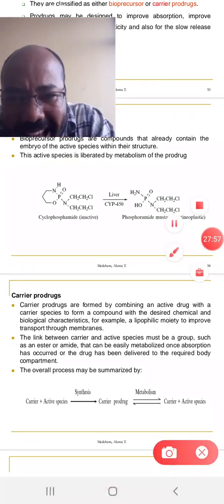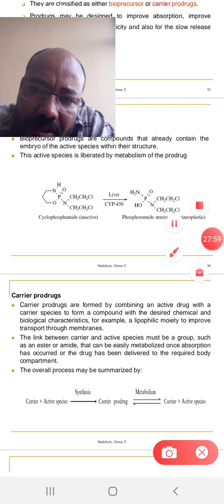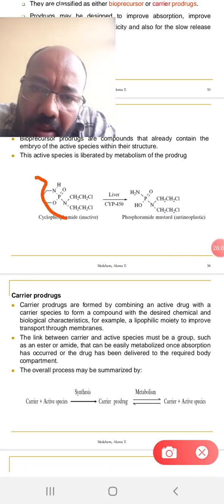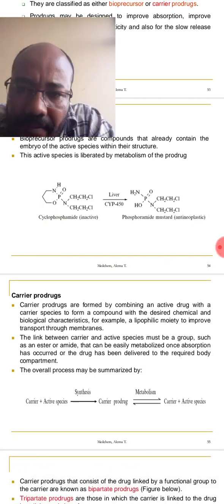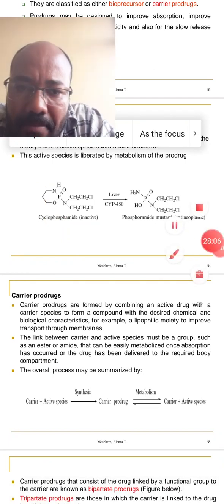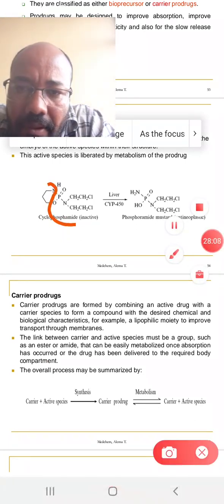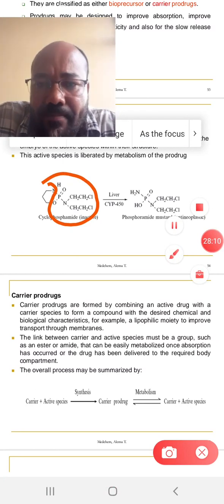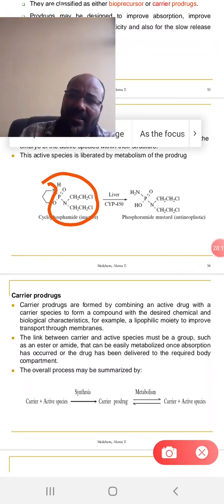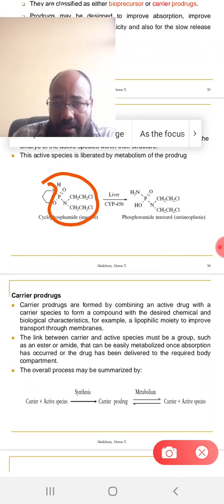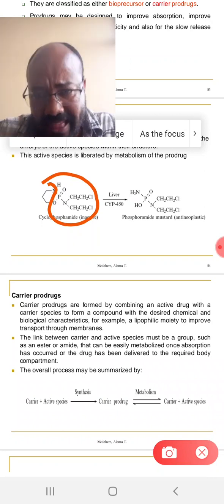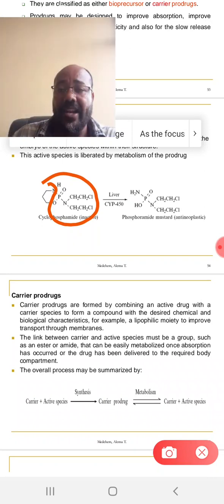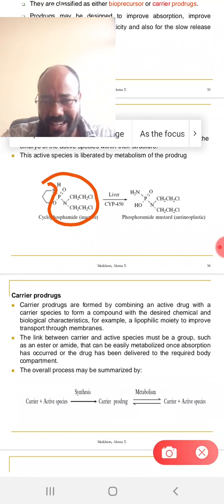This is the active species part. Therefore, drugs that naturally contain the active species in their structure are called bioprecursors.